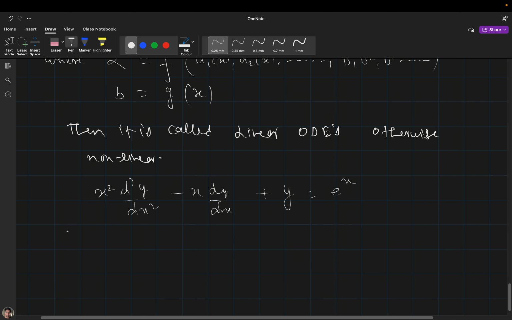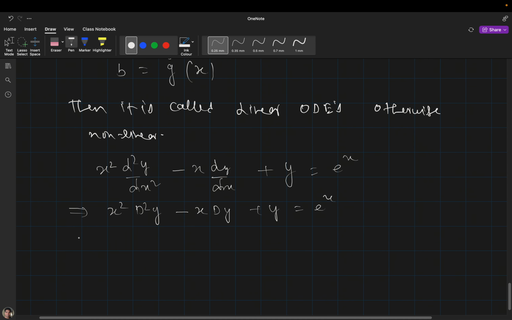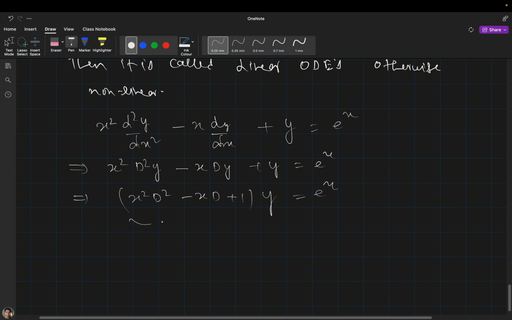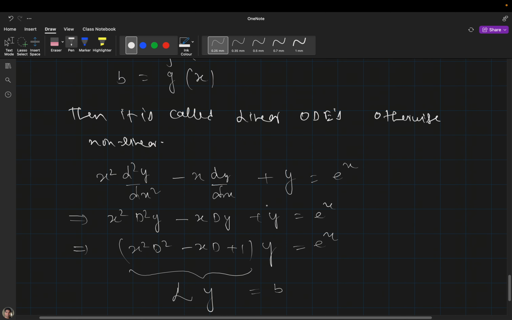You can see that I can write this differential equation as x square d square y minus x dy plus y equal to e raised to the power x. Then x square D square minus x D plus 1, applied on y, equals e raised to the power x. This is L. So it is in the form of Ly equal to b, and b is e raised to the power x, which is a function of x.